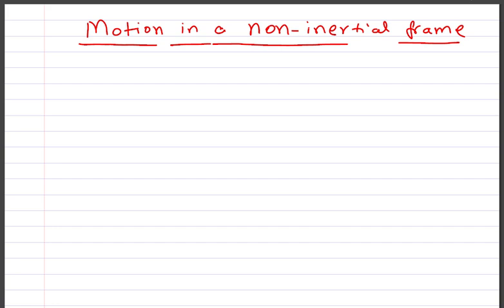So we consider an accelerated motion. We consider a special case. It need not be uniform acceleration. For example, if a stone is free falling, then it has uniform acceleration of 9.8 meter per second square, fixed.